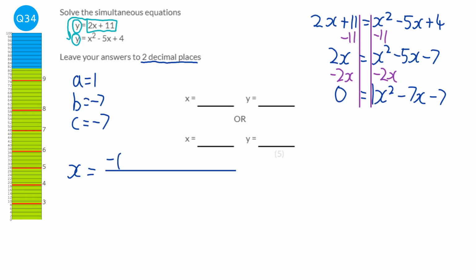minus b, and always put them into brackets, so minus (minus 7), plus or minus the square root of b squared, so in brackets minus 7 squared, minus 4 times a, which is 1, times c, which is minus 7. And all of that over 2a, so 2 times 1.